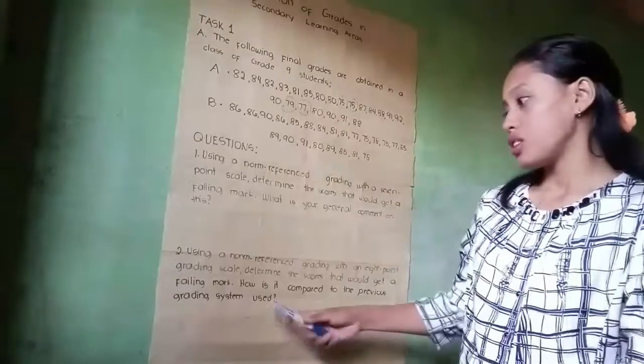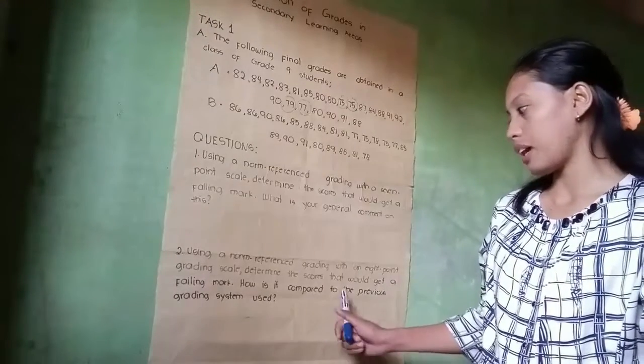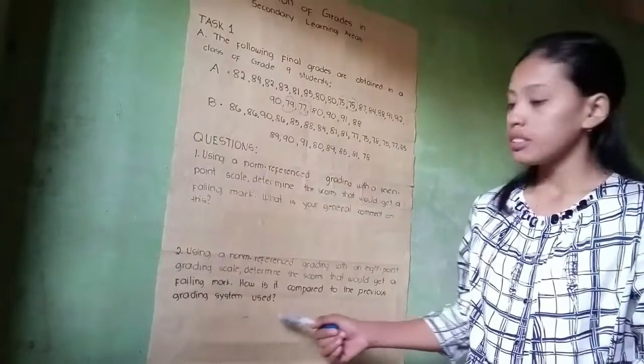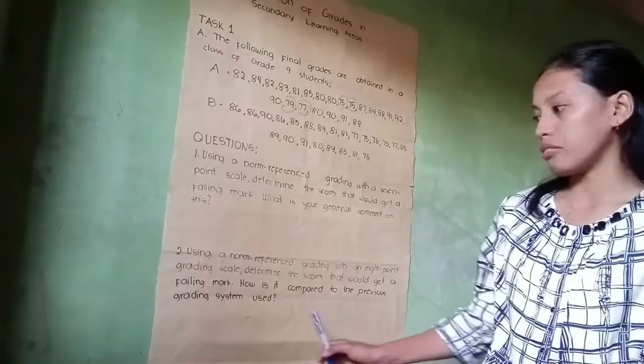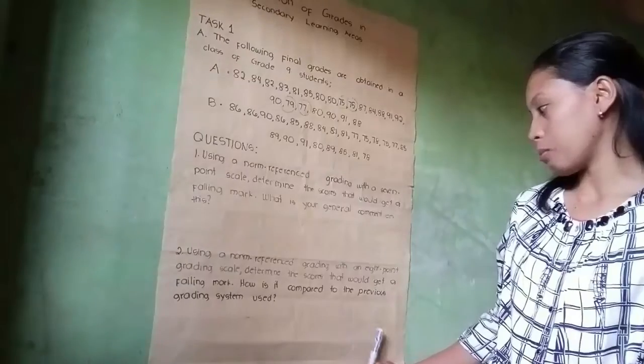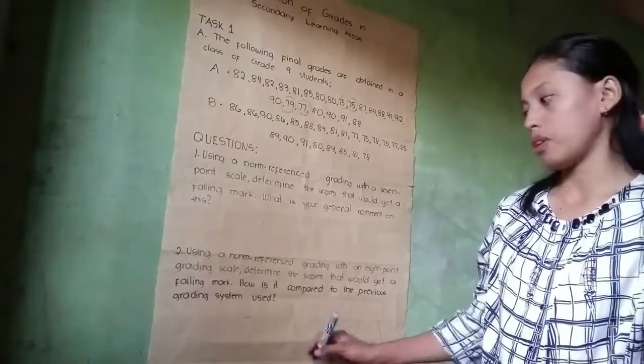Number 2, using a norm reference grading with an 8-point scale, determine the score that would get a failing mark. How is it compared to the previous grading system used?